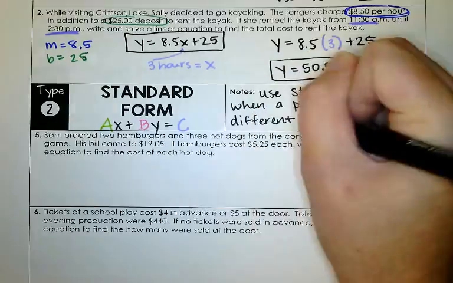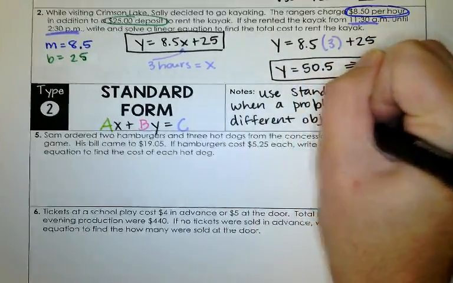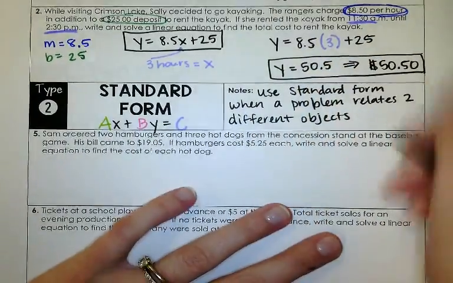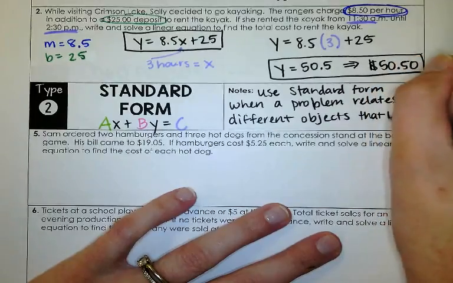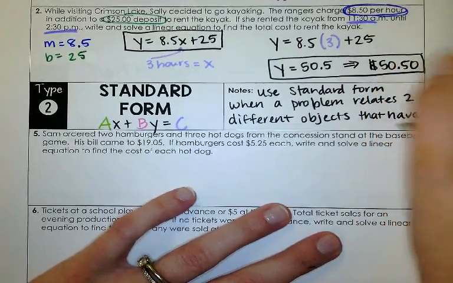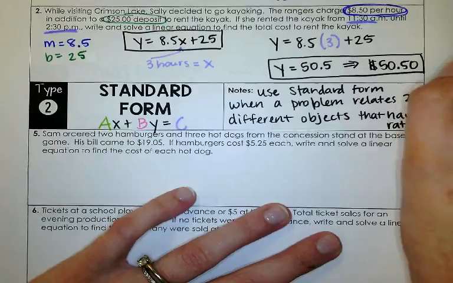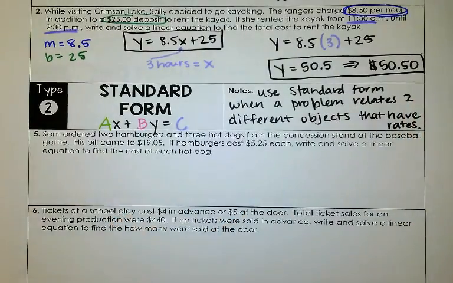Okay? And it's two different objects that have rates. All right? So there's usually two different rates and different things like that. Okay? So check this out. If we're relating two different objects, we are going to use standard form.